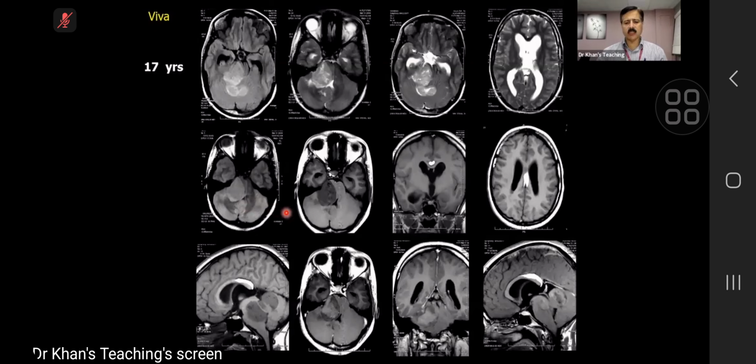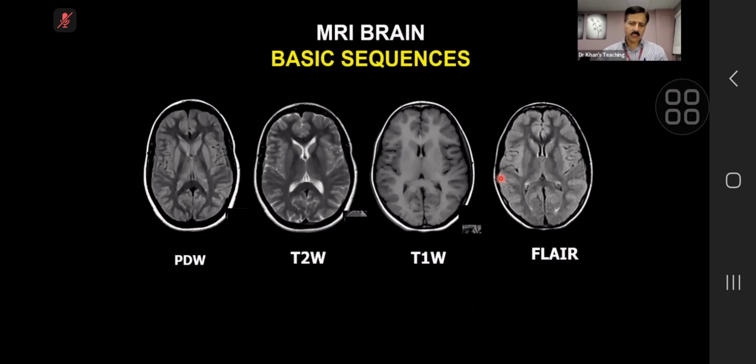So my experience is that usually people do confuse FLAIR with T1. And why? Because in both of them, the CSF is dark. The basic sequence is easy because now T1 and FLAIR, first thing, what is common?